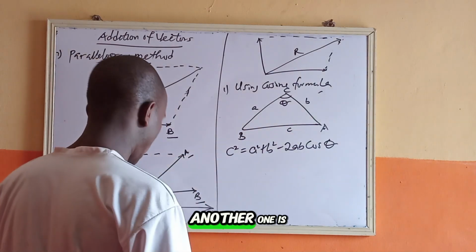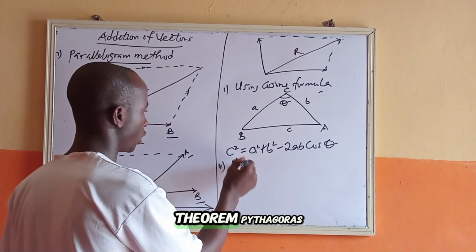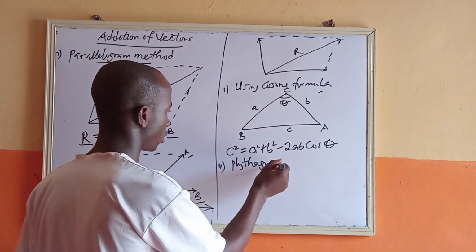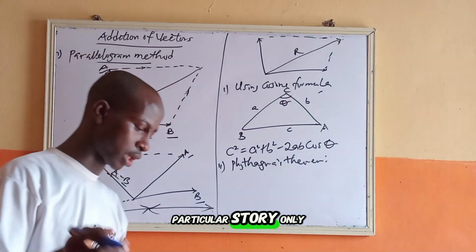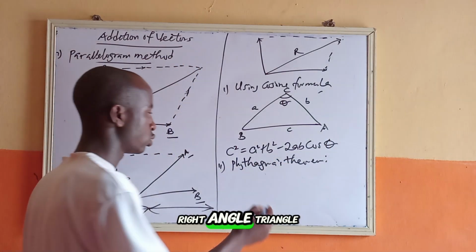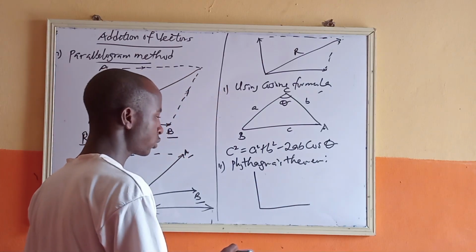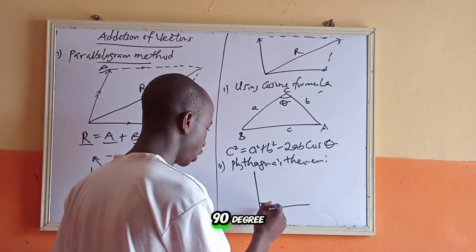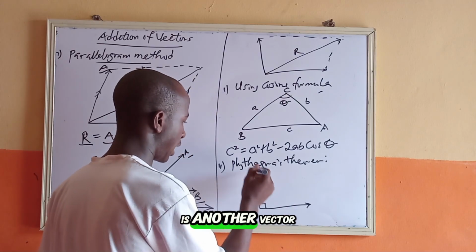Another one is using the Pythagoras theorem. I know that the Pythagoras theorem only works with a right angle triangle. So if you have a resultant vector that results in 90 degrees, this is one vector, and this is another vector.